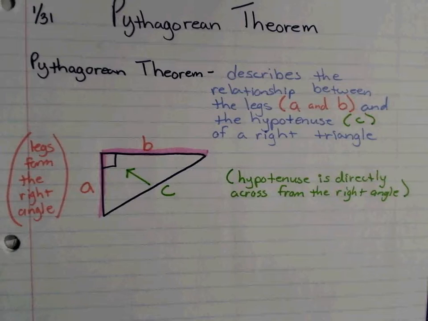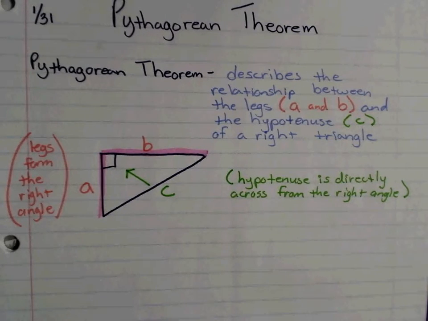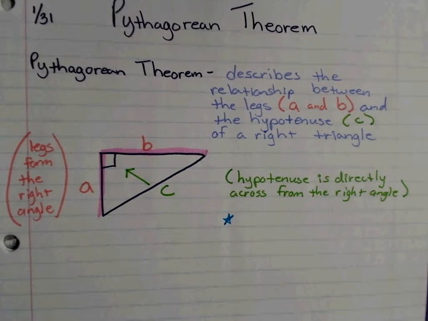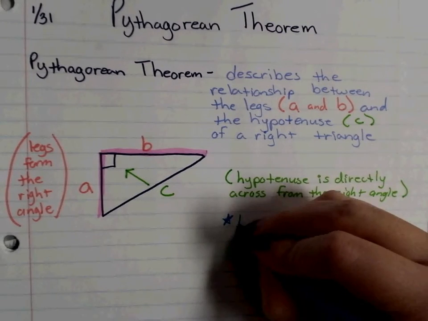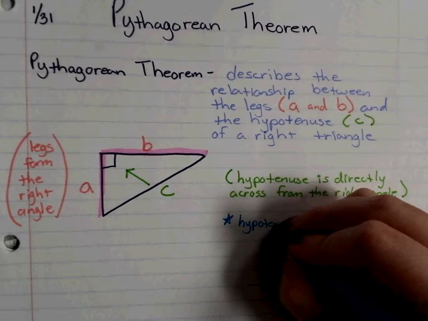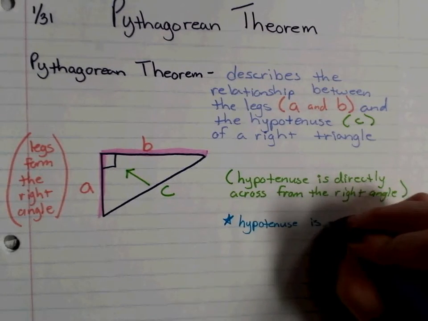And also, key thing to remember about the hypotenuse is it's the largest side. It's the largest measurement of the right triangle. So you want to make sure you put that down. The hypotenuse is the largest measurement.